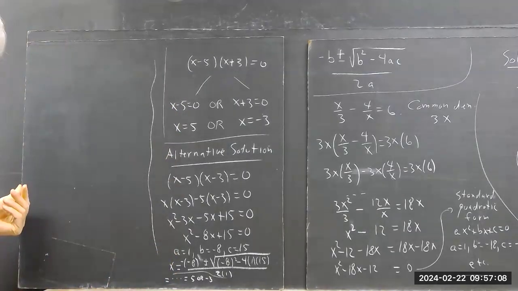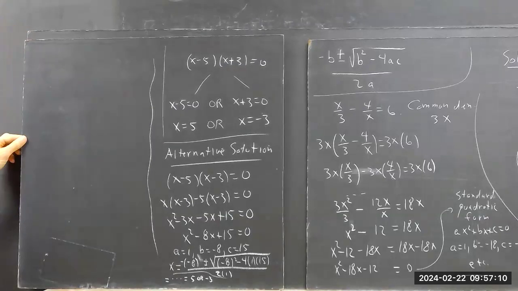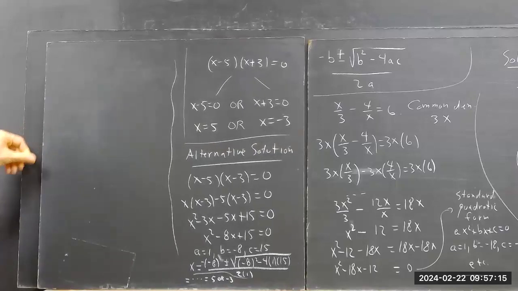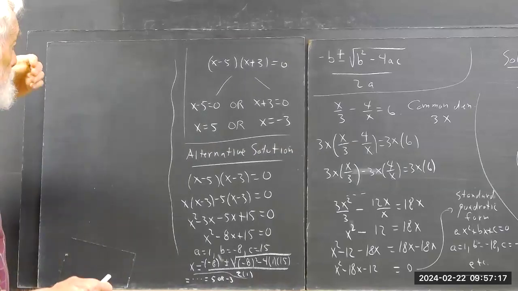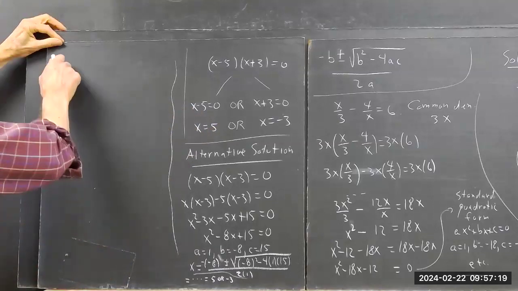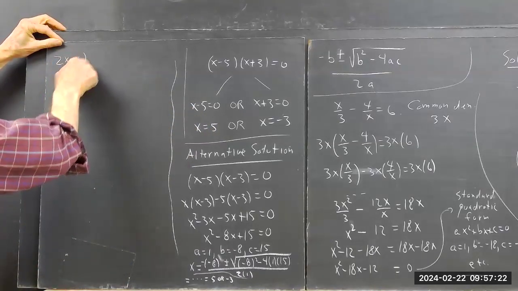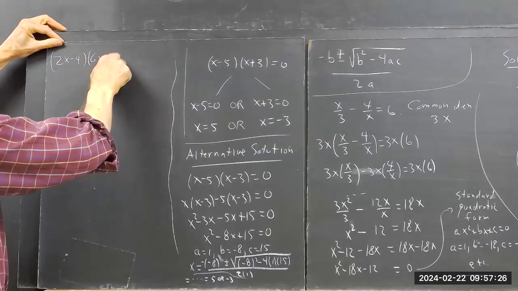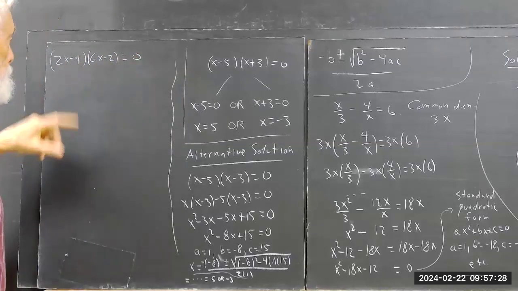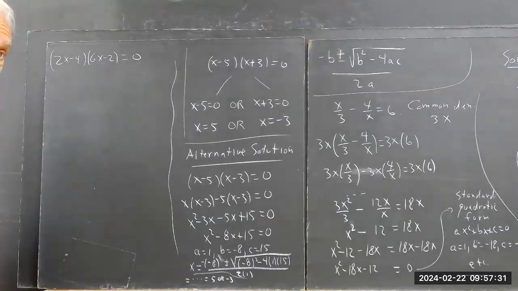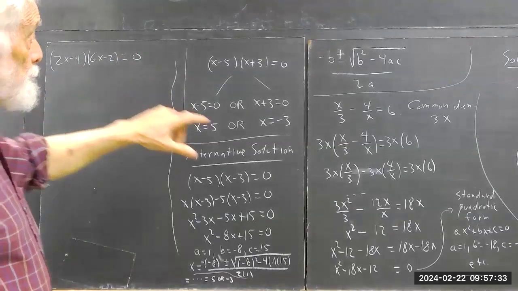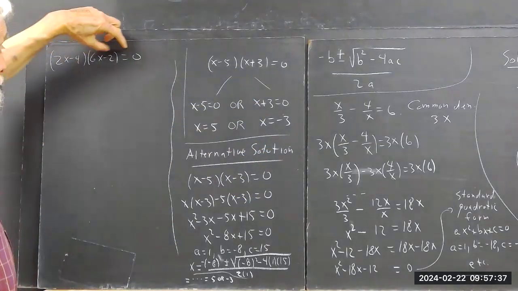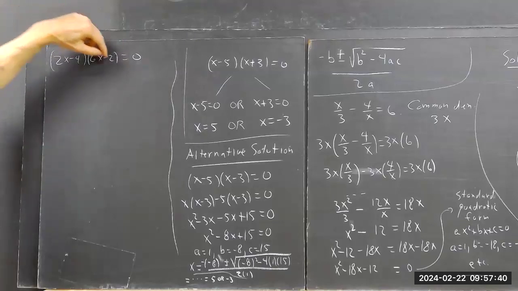Okay. Now let's take the last problem, 2x minus 4 times 6x minus 2 equals 0. What are we going to do with this? With this, we do the same thing we did here. If two things multiplied give you 0, then one of them has to be 0.